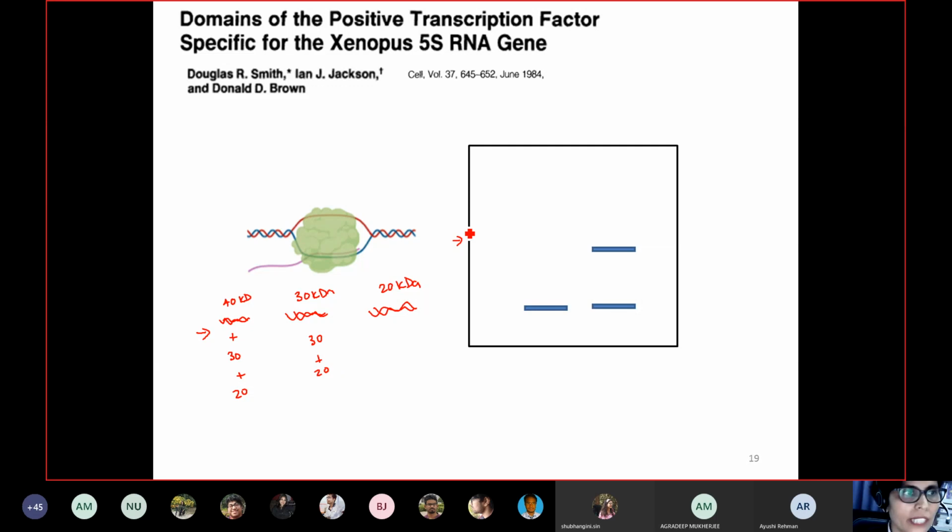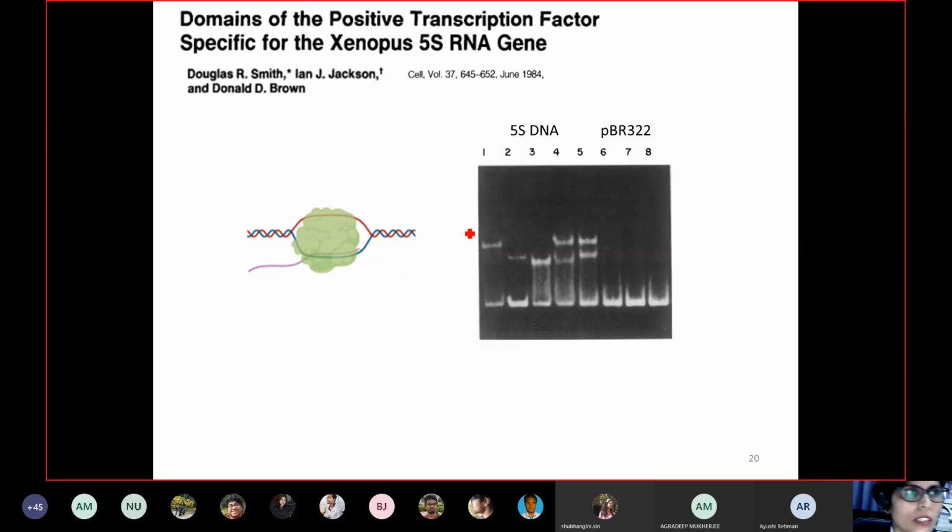So next what you see is this concept where in lane 1 you have the 40 kilodalton fragment, right? So what you see here is the DNA-protein mix, and what you get here is the complex for the 40 kilodalton fragment. Then in lane 2 is around 30 kilodalton, and what you see in lane 3 is your 20 kilodalton protein mixed with the oligonucleotides.